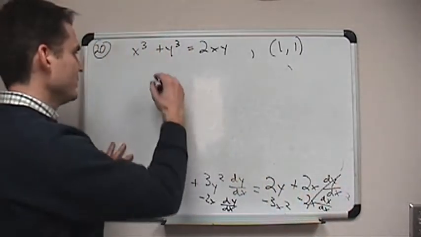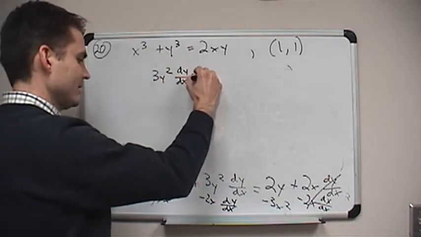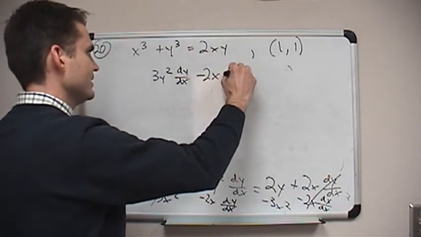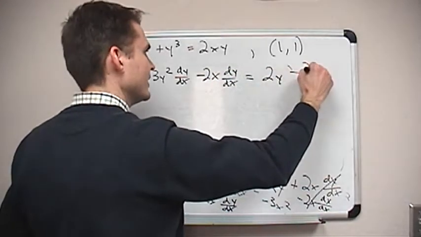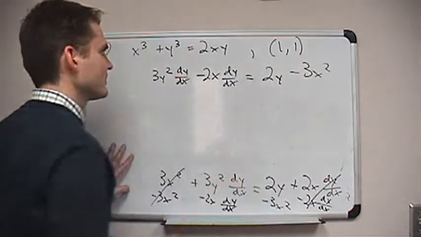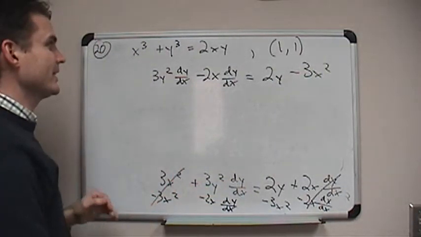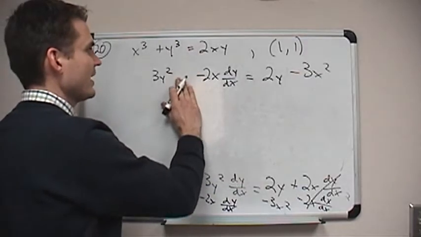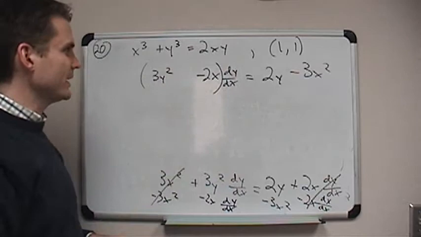So what I'll end up with is 3y squared dy/dx minus 2x dy/dx equals 2y minus 3x squared. Since both of these terms have a factor of dy/dx, I can just factor it out of both, and I'll do that in line here to save some writing.